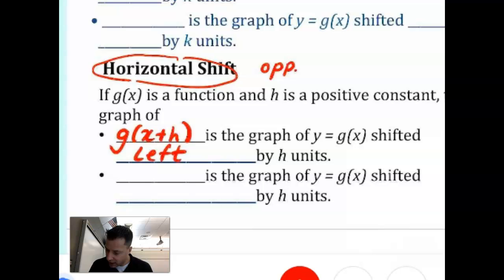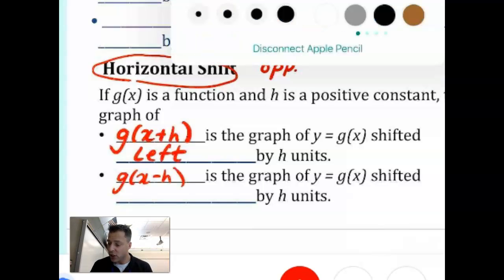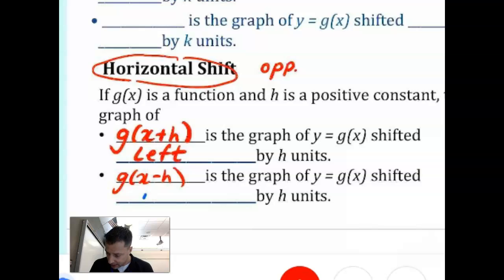And if you have g of x minus h, you're going to move right h units. So horizontal shifts, that's the tricky one.